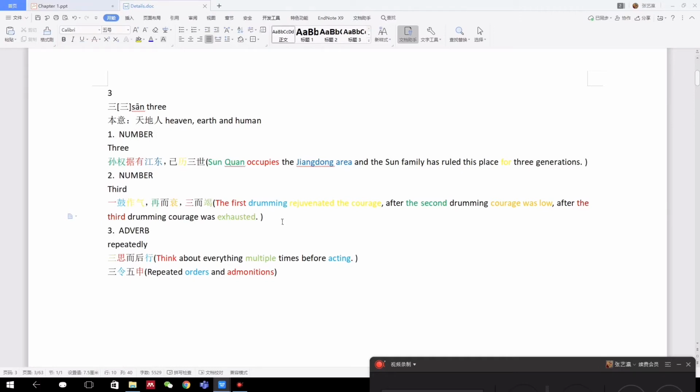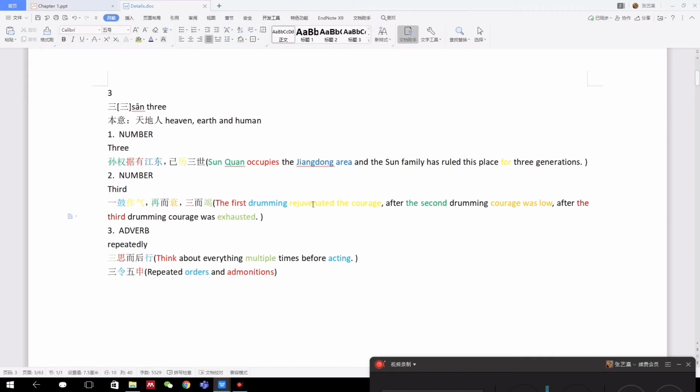The philosophy behind this is that when drumming for the first time, the soldiers' courage is very high. This is the maximum. During the second drumming, the soldiers' courage becomes lower. And if you drum for the third time, their courage will be exhausted.